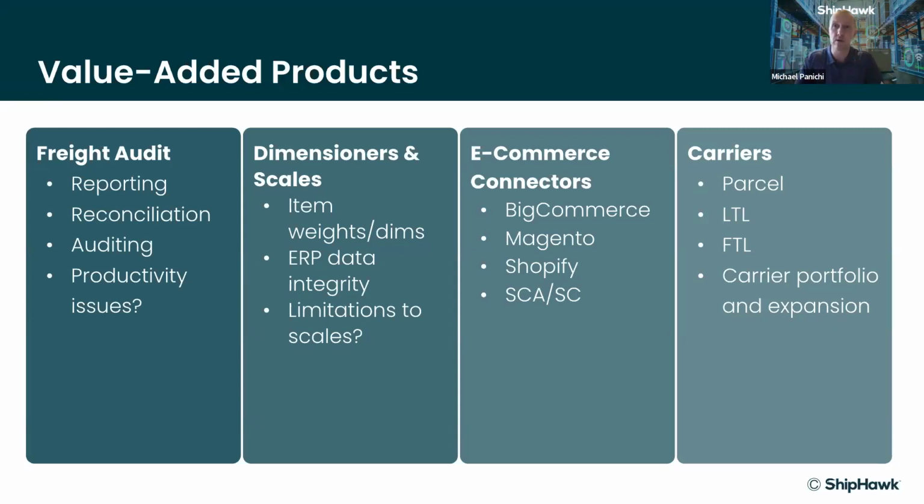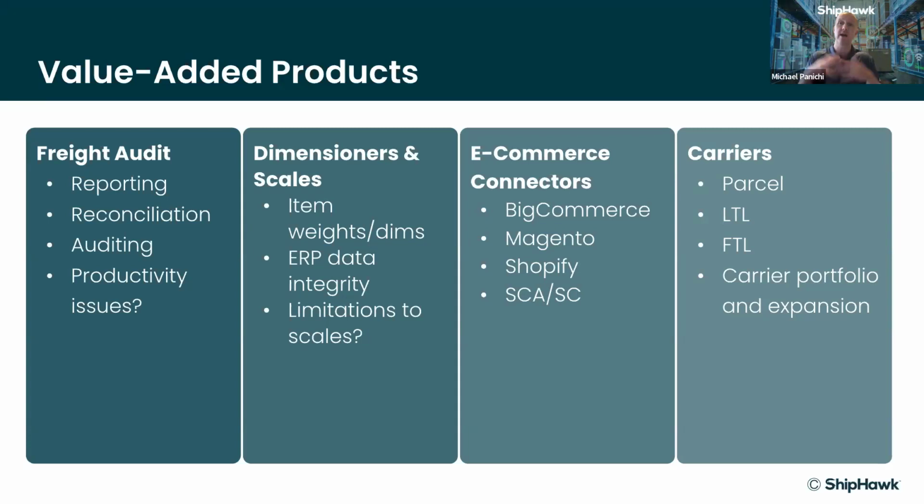ShipHawk has a dimensioner that you can actually scan your item, go through the thousands of items in your warehouse, and have that data import, for example, into your NetSuite item inventory record. And then once that data is in there, you can use the ShipHawk TMS to accurately get your rates and streamline your process, whether that be scan packing, whether that be shifting items into a package and then having those weights and dimensions automatically calculate, things of that nature.